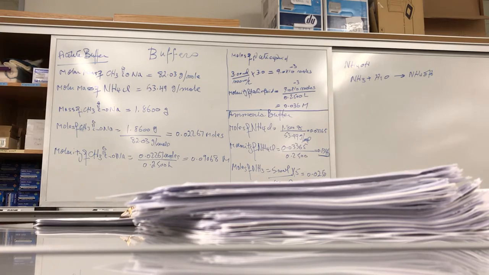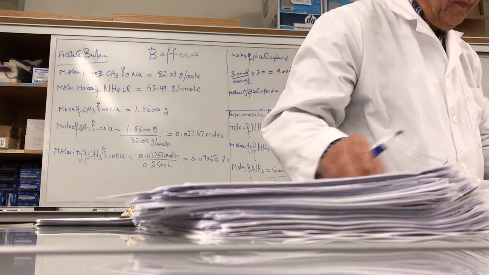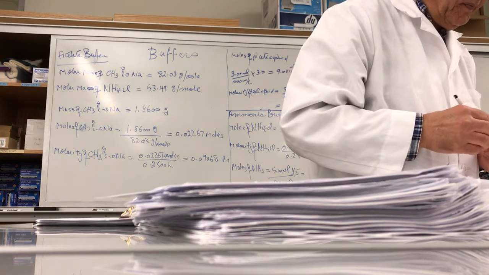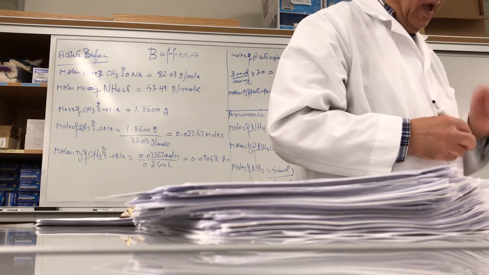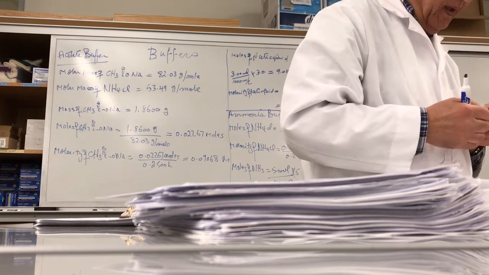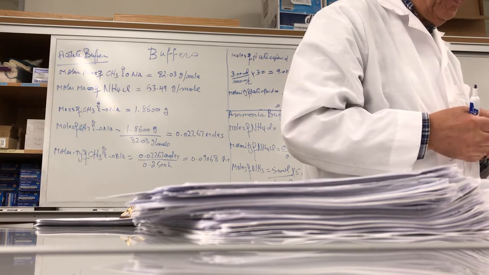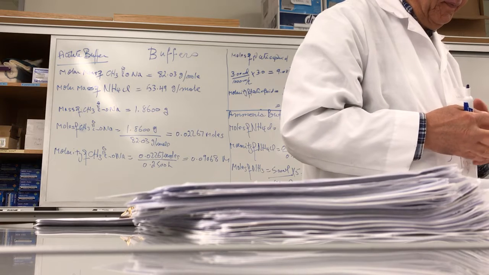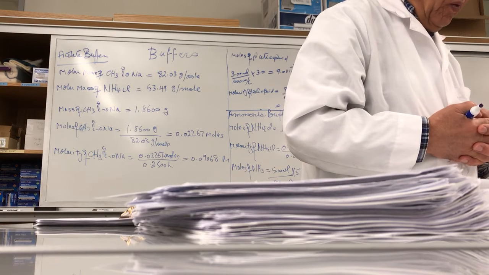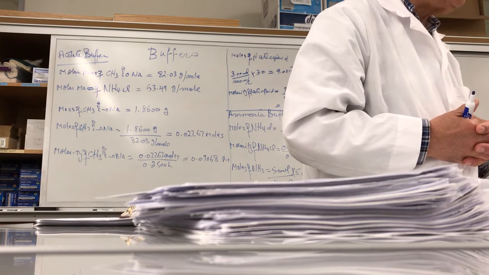Okay. The second part of the calculation, and please, you have to show your calculation. They want you to find the pH of 50 milliliter of water plus 1 milliliter of 0.6 molar sodium hydroxide.